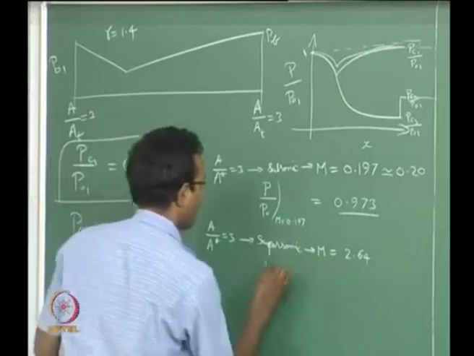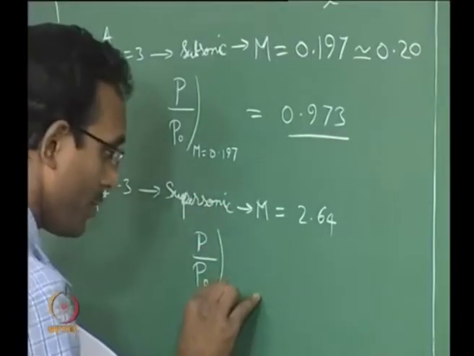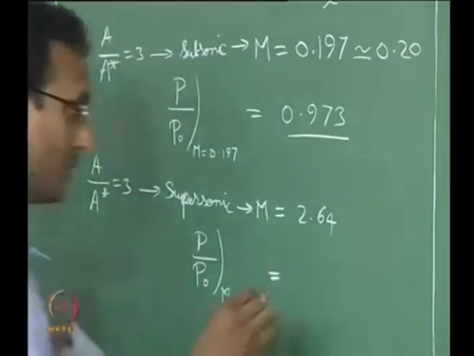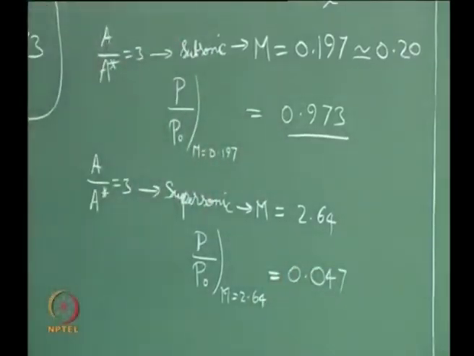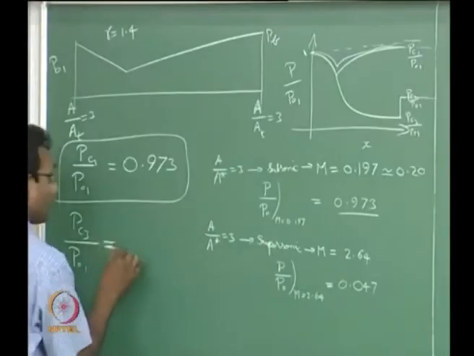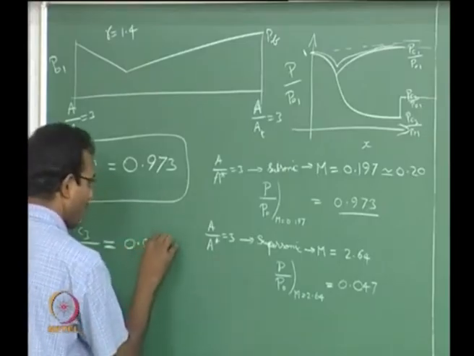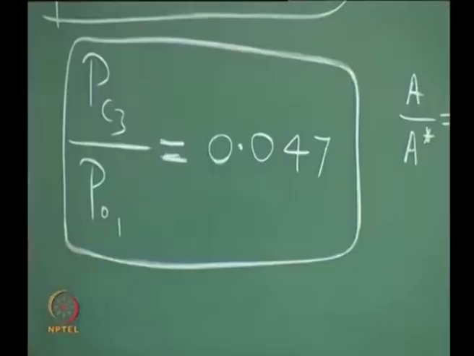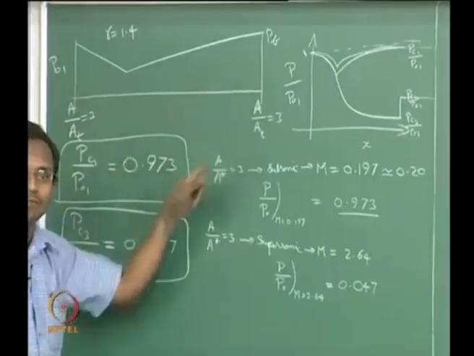The corresponding P by P0 for that Mach number 2.64 is 0.047. I will just write that number here because that will be the pressure ratio if I am having perfectly expanded supersonic flow in this given nozzle. Remember that this is for this particular nozzle with A by A throat of 3; it will not be working always.